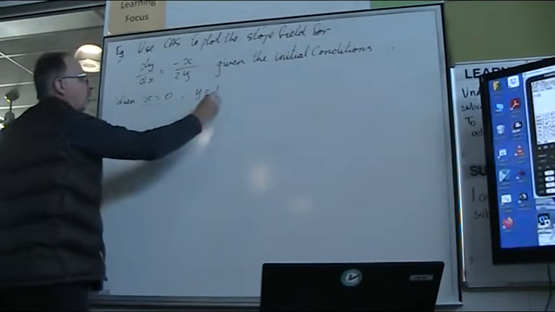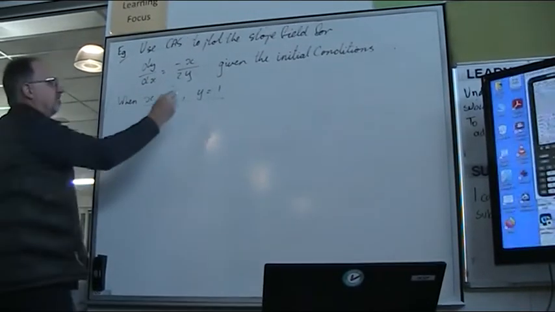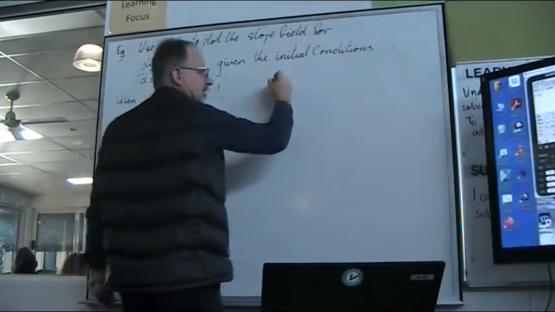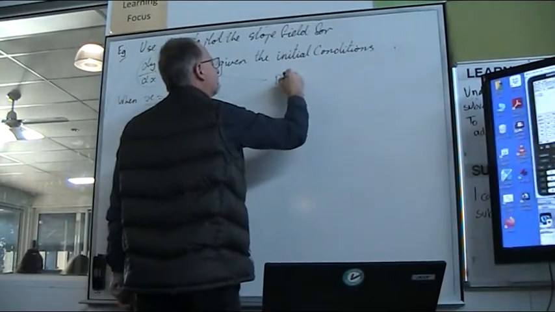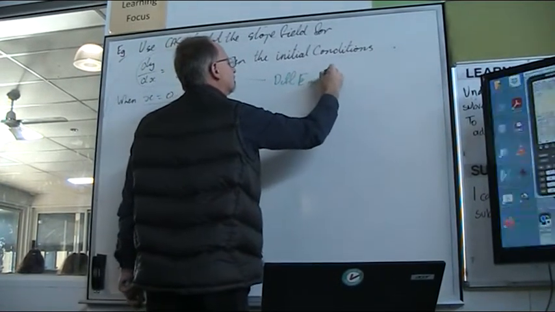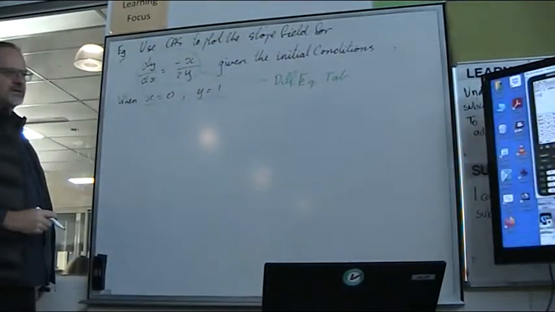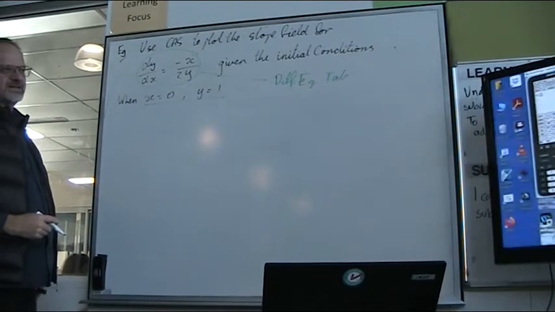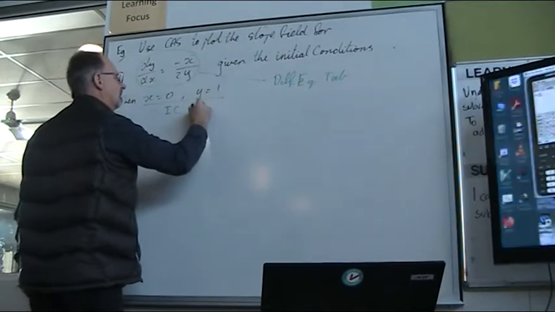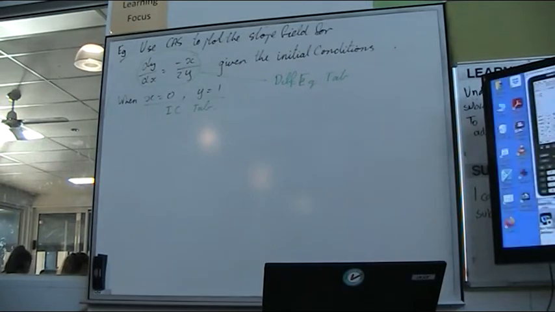Now, you'll notice there's 3 tabs up there. There's the Diff EQ tab, which is where you put this stuff. But you'll notice there's other tabs there. One says IC and the other one's graph. The IC tab is where we put this information, IC or initial conditions.